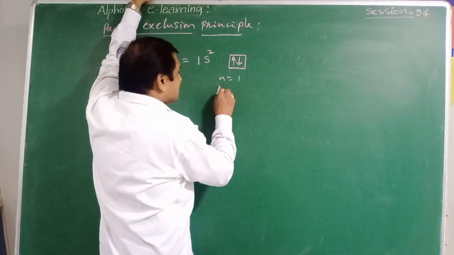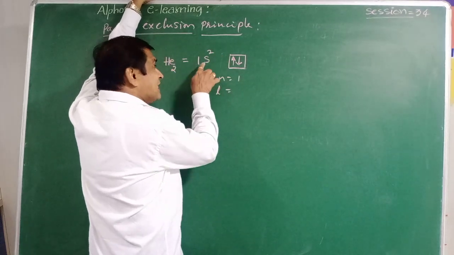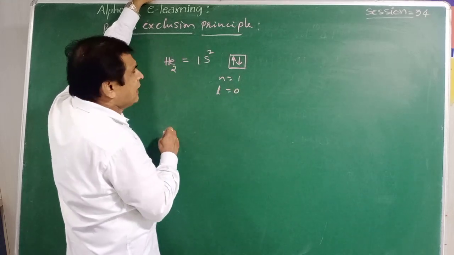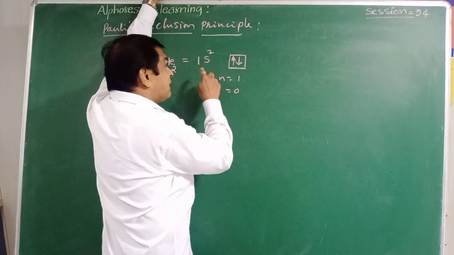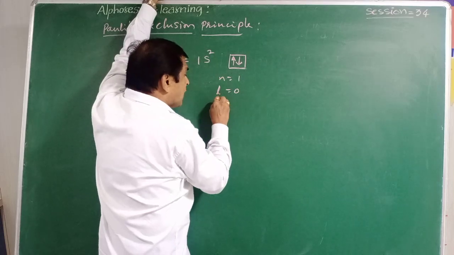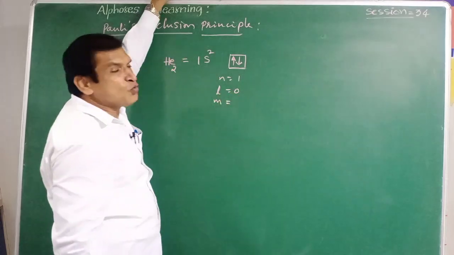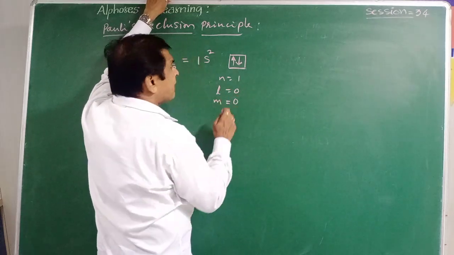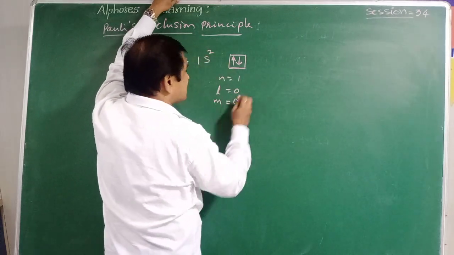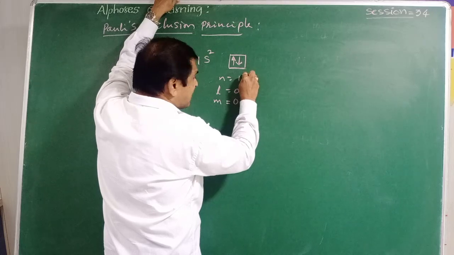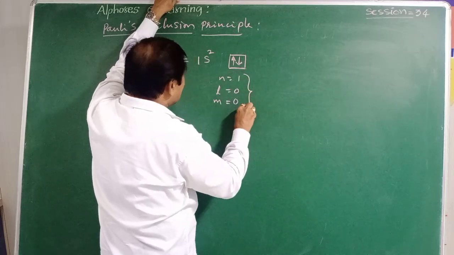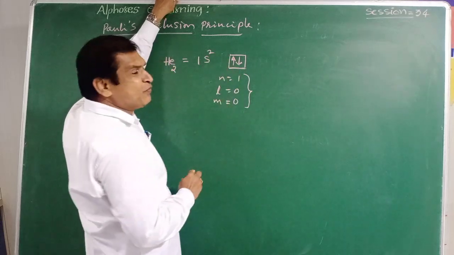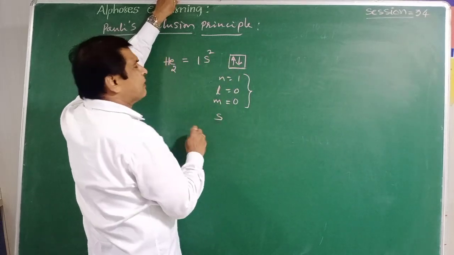Next, these 2 electrons are present in the s subshell, whose l value is 0. Their magnetic quantum number value, that is the orientation value, is also 0. Remember, these 2 electrons possess the same n, l and m values, but they differ in spin quantum number value.